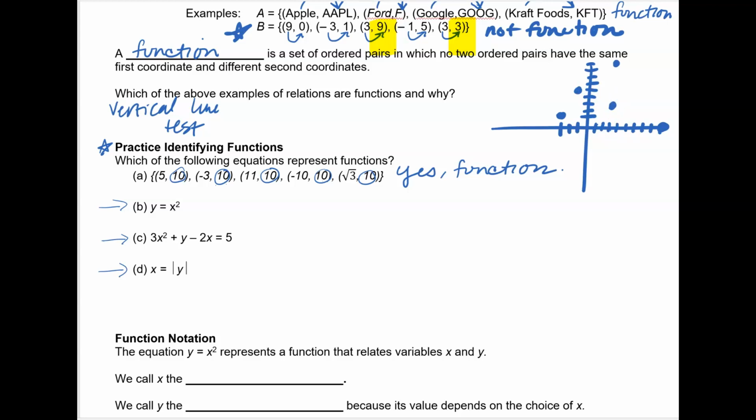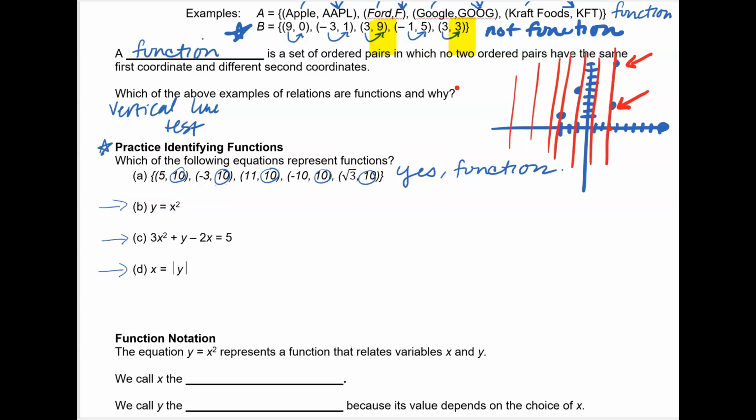In this case, if I did my vertical line test, I start drawing my vertical lines and I ask myself, am I ever going to cross through 2 points at once? For this one, I do. I cross there and I cross there. So again, if I have the same x going with more than one y value, then when I draw a vertical line, it's going to cross it twice. So this shows that that is not a function.